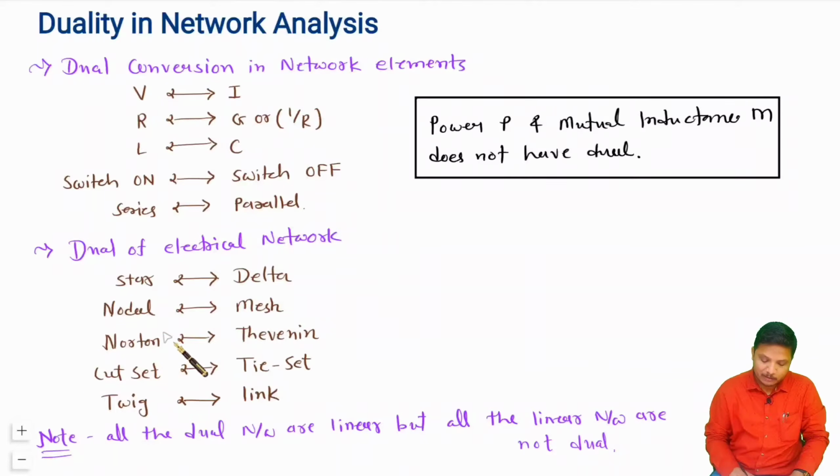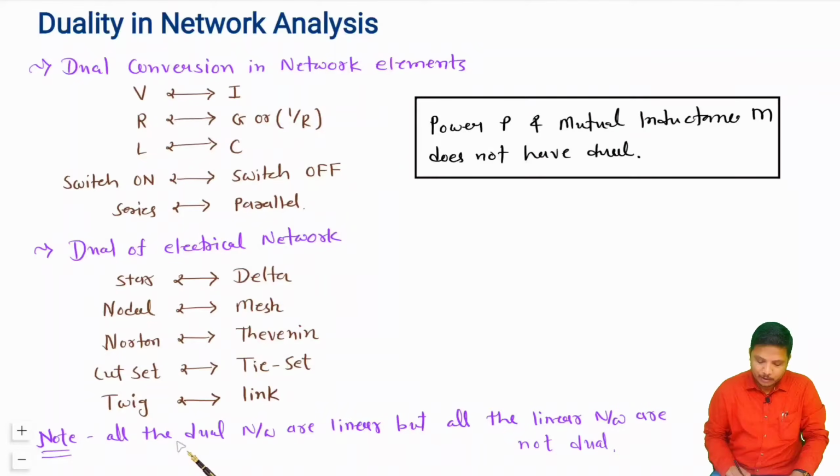So both are duals of each other. Cut set has the dual tie set, and twig has the dual link. I'll explain cut set, tie set, twig and link in graph theory, which will give you a clearer idea about it.